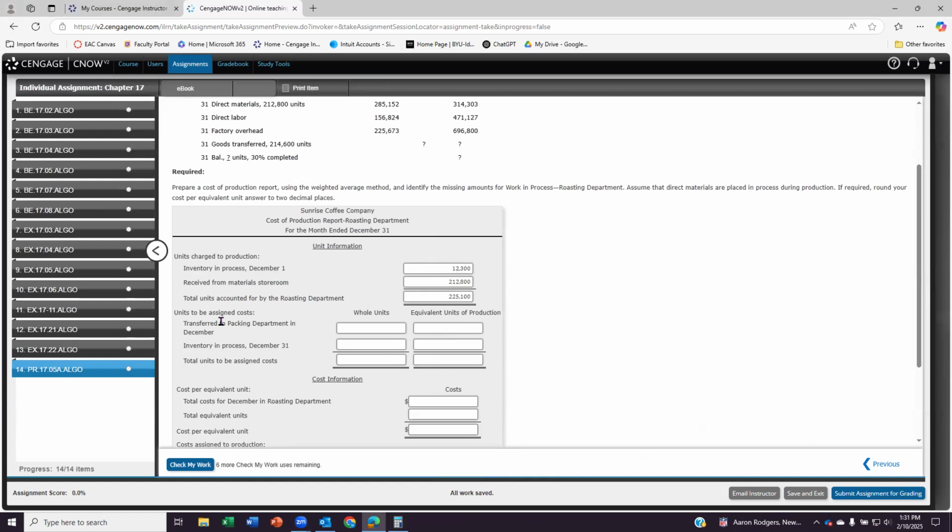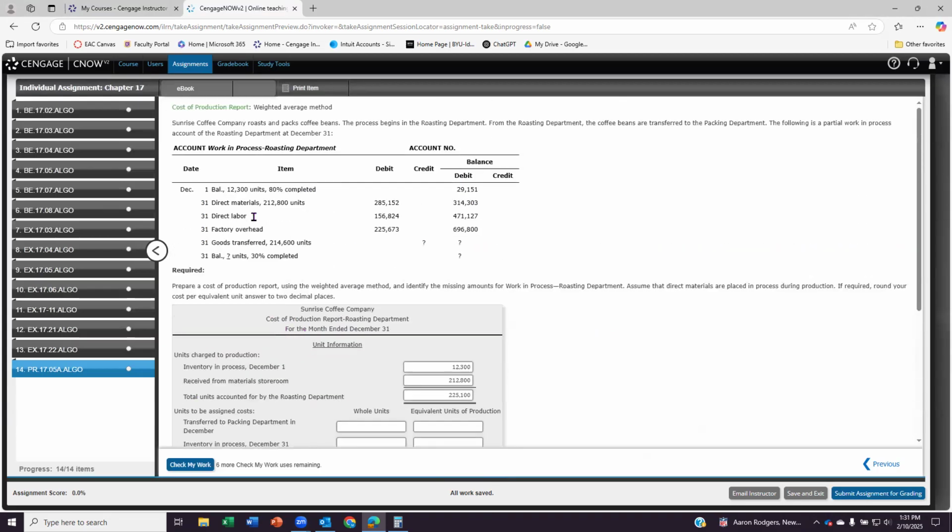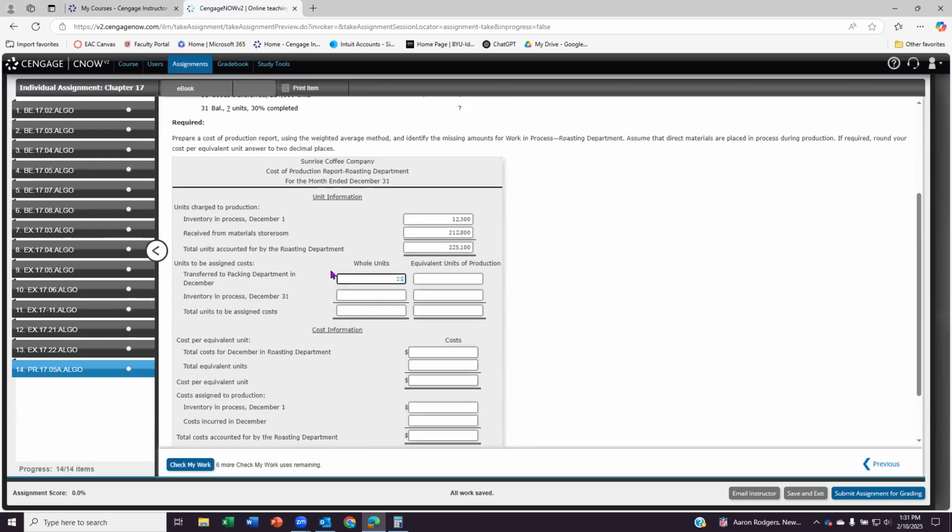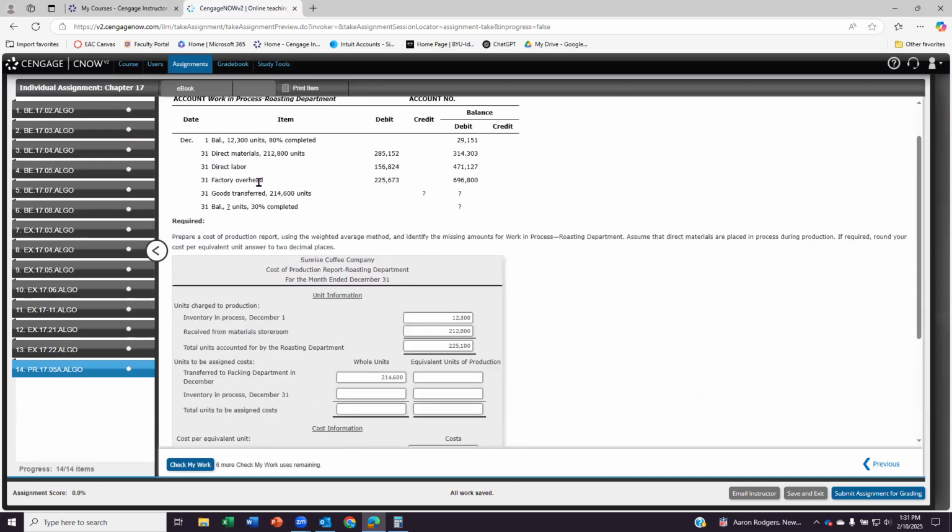And then our units to be assigned cost, we're going to have what we transfer to the packing department. So if we look on here, we can see that we transferred 214,600 units. And then our inventory in process at the end of the month isn't given to us.